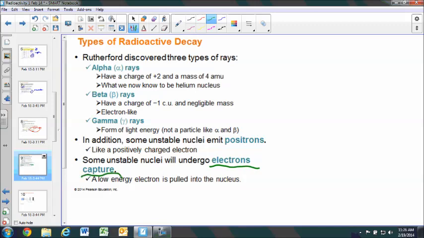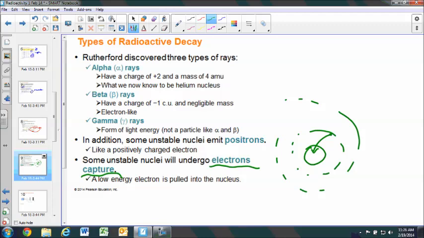In some more physics texts, you will call this the K capture, K being the first layer of electrons. So let's say that you have a nucleus here, and remember you have the electrons flying around the nucleus. It might happen in some cases, like for instance in potassium-40, that once in a while one of these electrons is trapped by the nucleus, which absorbs that electron.